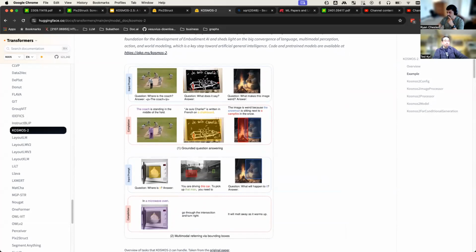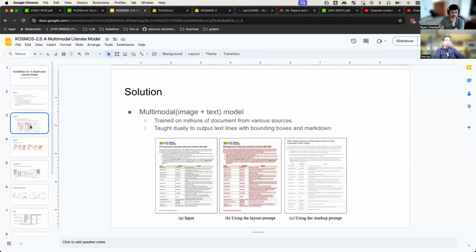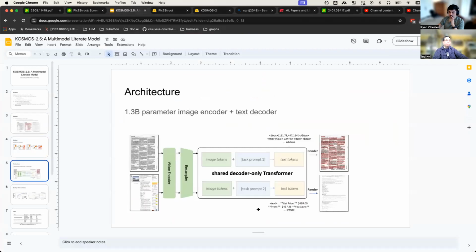Catching up on questions. So their task specific prompt is just a generic one. Is it a simple one or is it a more complicated one?